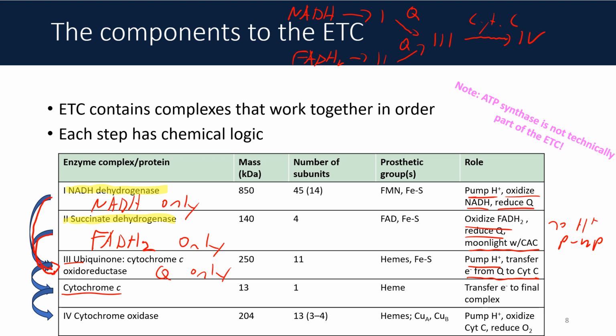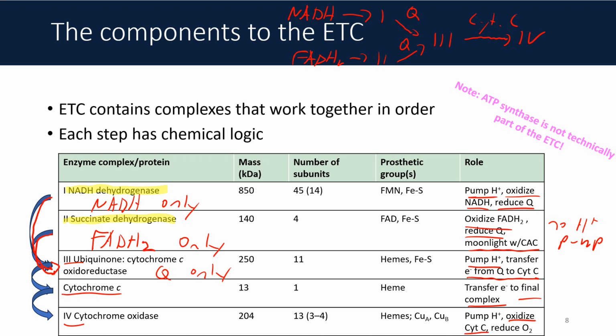This is a mobile redox protein whose job is to transfer those electrons to the final complex in the electron transport chain, which is complex 4, aka cytochrome oxidase. And as its name suggests, its job is to oxidize cytochrome C, take off its electrons.